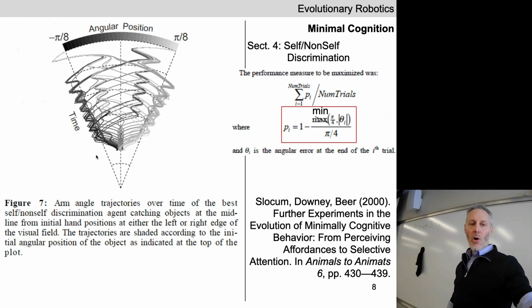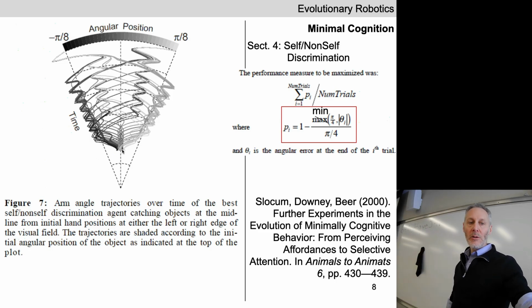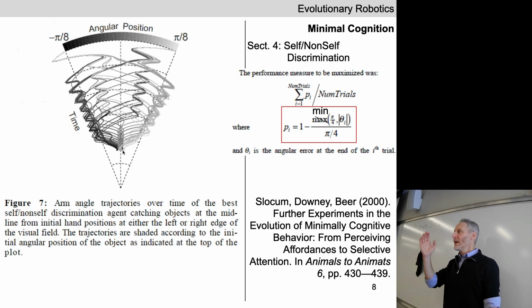You'll notice that all these trajectories end at the end of time, which is when the object gets to the agent. They all converge on 0 here in the horizontal center. These are cases in which the robot always ends up with its arm directly above its head.